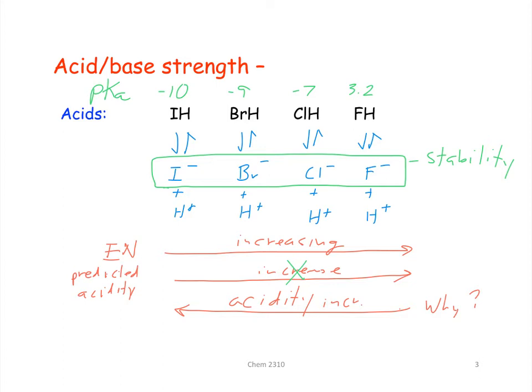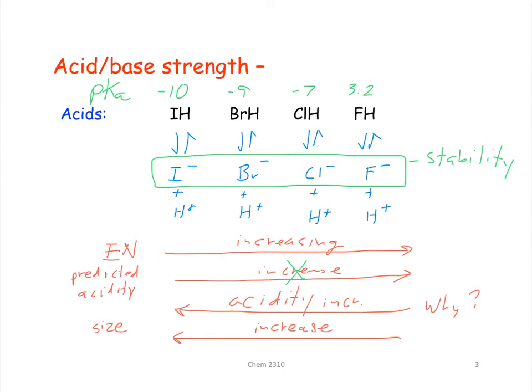As we go down the periodic table, remember we keep adding another layer of electrons, and those electrons are getting further and further away from the nucleus. So size is increasing as we go down. If we write it in here, our size is increasing from right to left.